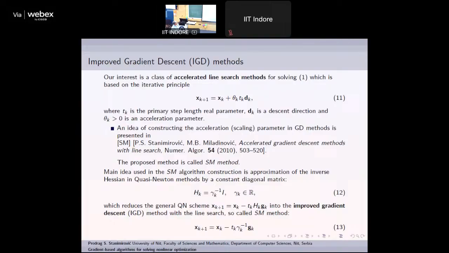The first result published in this research was published in Numerical Algorithms, 2010. We call such a class of algorithms accelerated gradient descent methods with line search. Accelerated. What is acceleration? Acceleration is a new parameter.